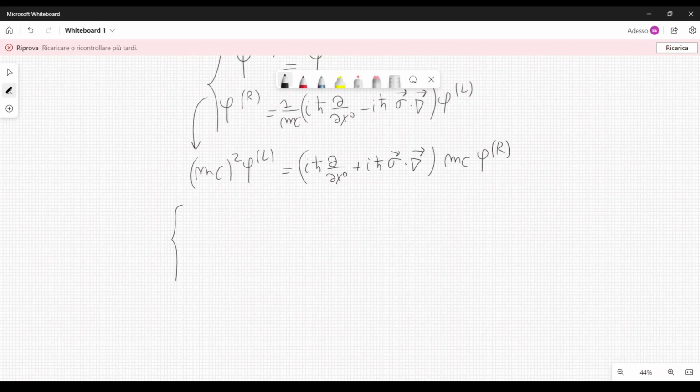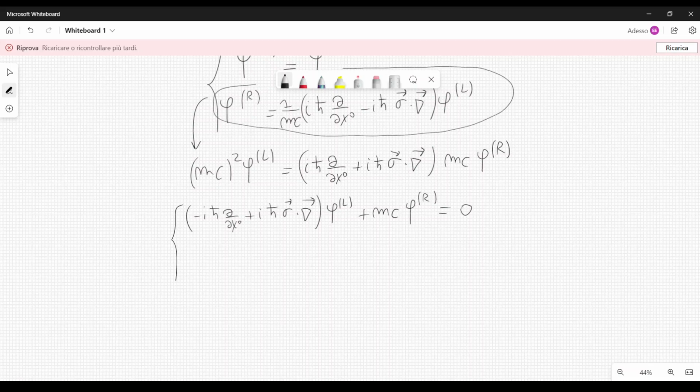We have (−iħ ∂/∂x0 + iħ σ·∇) φ_L + mc φ_R = 0, which is simply this one here, and I have rewritten it like this by putting these 2 operators on the left.